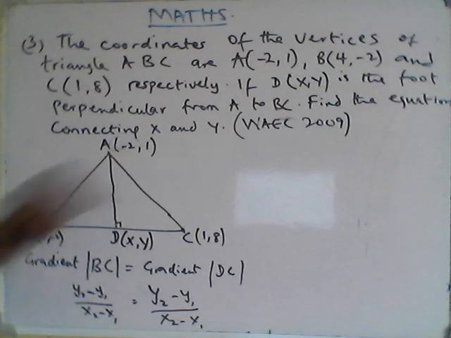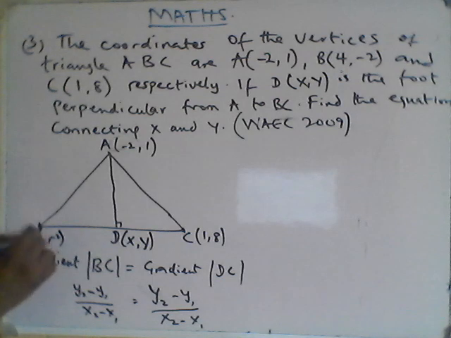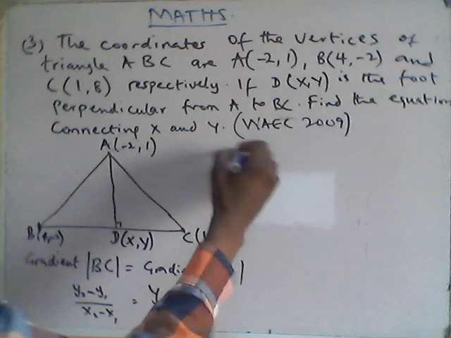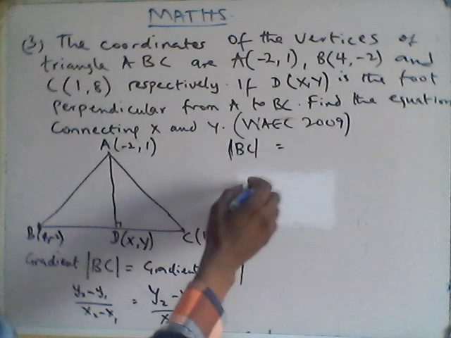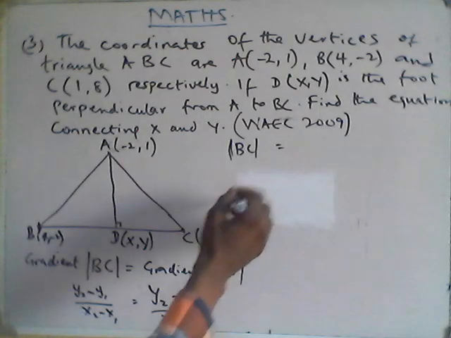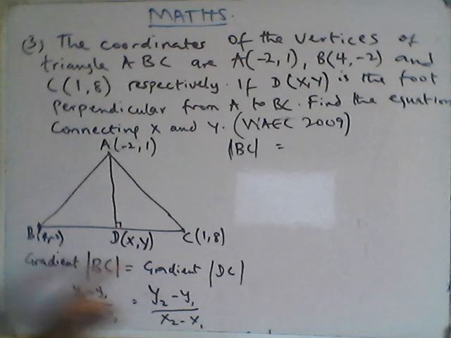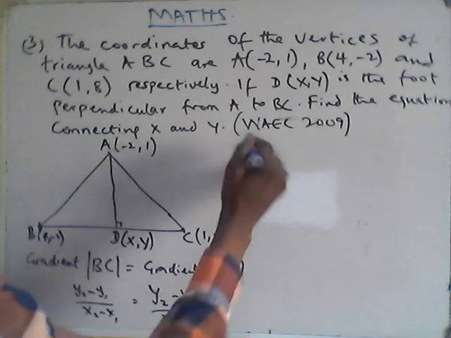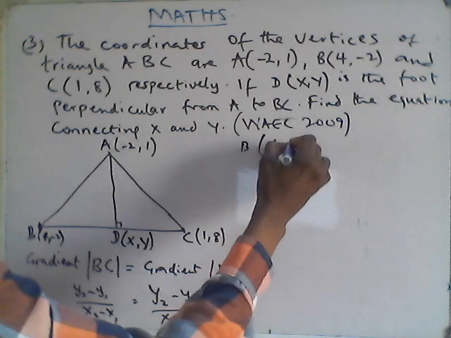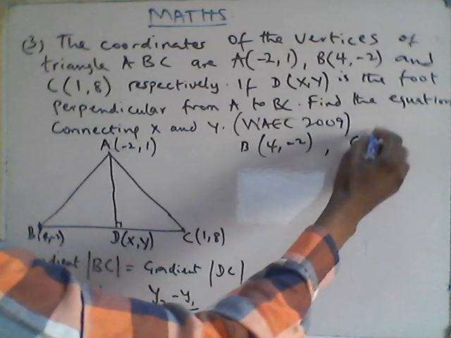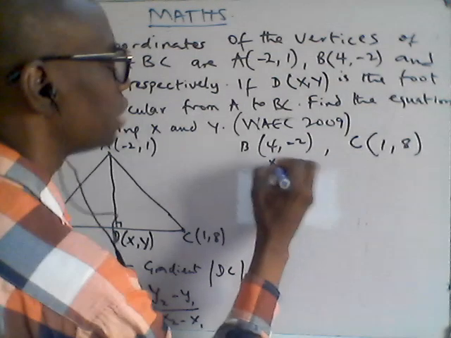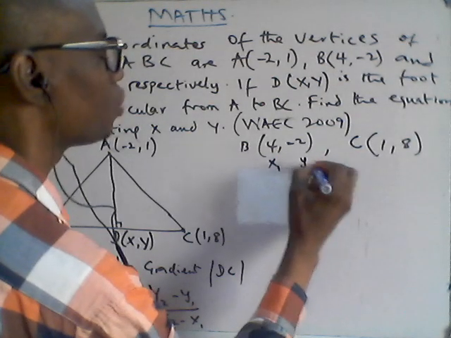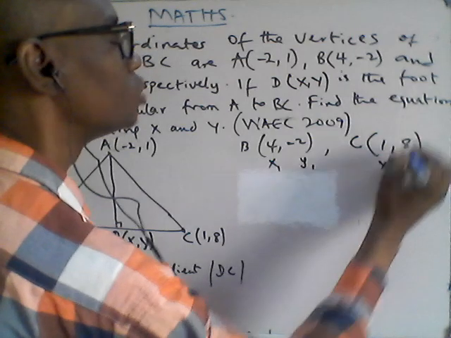This is B and C. Let me put out the points first. B is 4 and minus 2, and C is 1 and 8. So under it, 4 is x1, minus 2 is y1, this one is x2, and this one is y2.